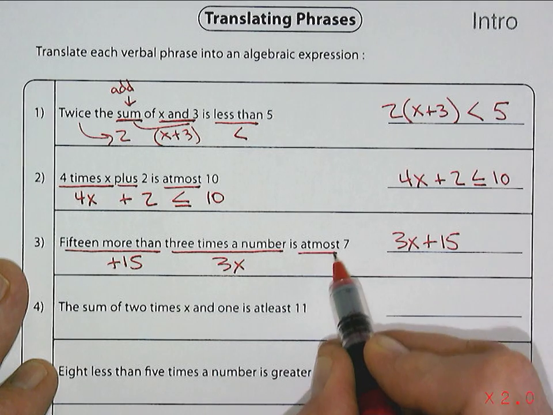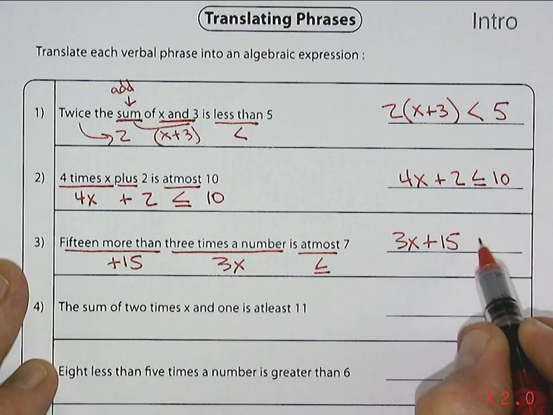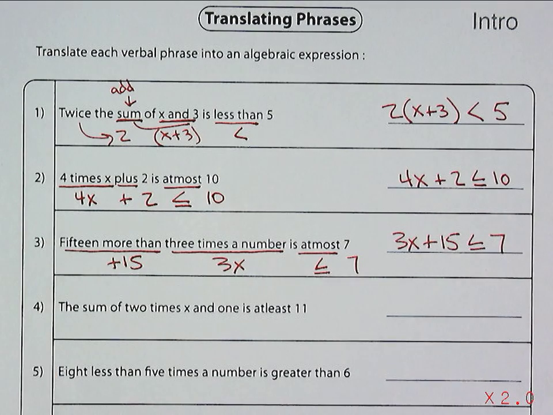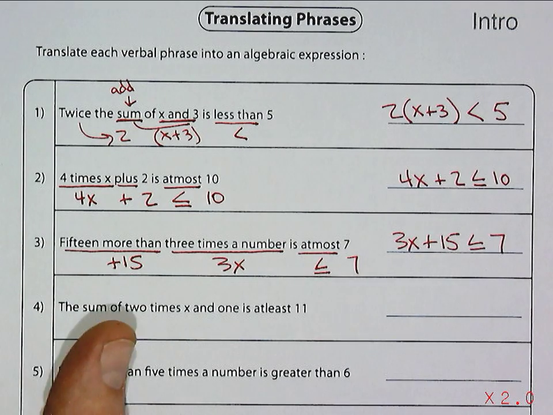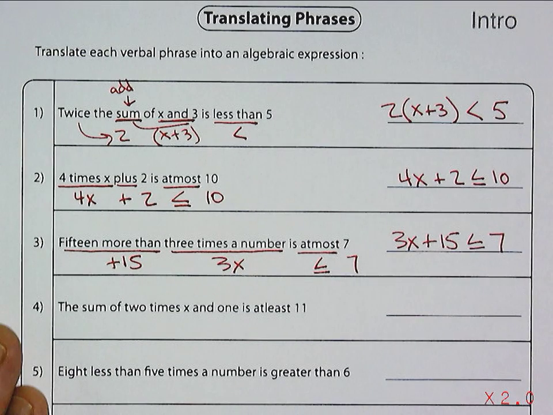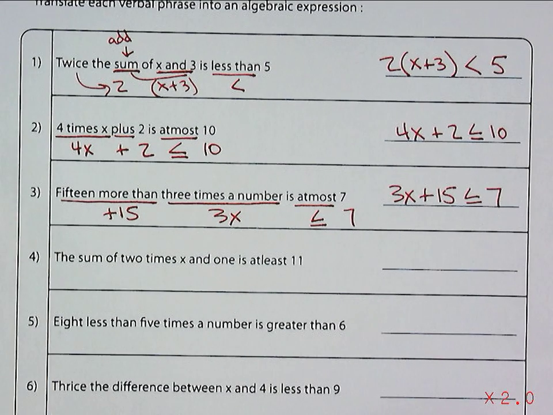There's an at most again, so less than or equal to 7. So there's my 7. I'm trying to interpret each piece as to what part of the algebraic expression I'm working on to figure out what to write.